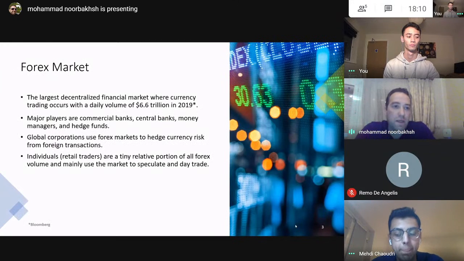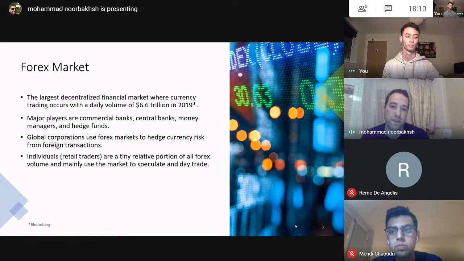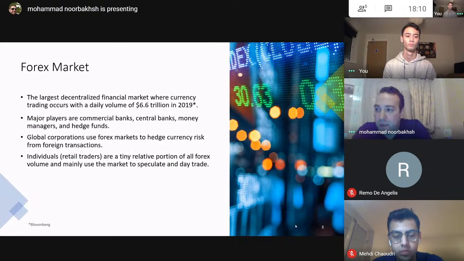So what are FX markets, or Forex markets? The Forex market is the largest decentralized financial market, where currency trading occurs with a daily volume of about 6.6 trillion in 2019. According to the World Bank, the total value of stocks traded in the whole of 2019 was about $60 trillion. So that's why FX is the largest financial market.